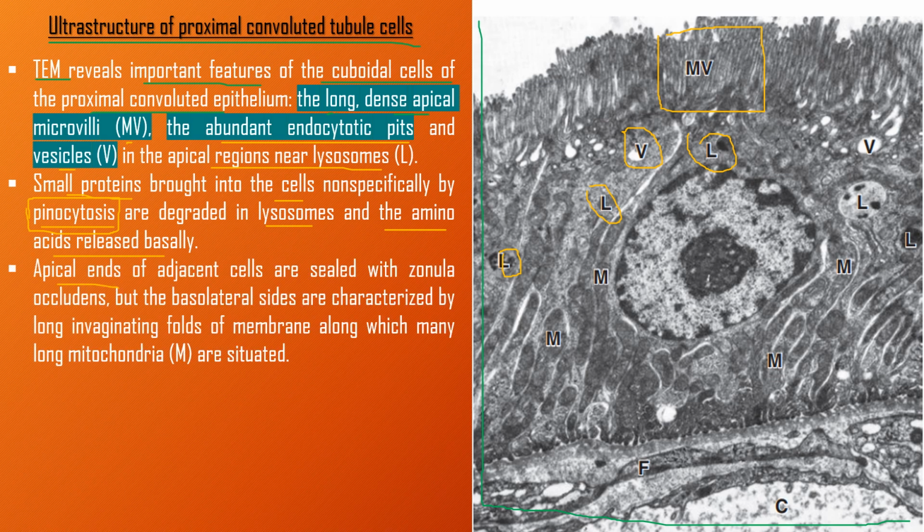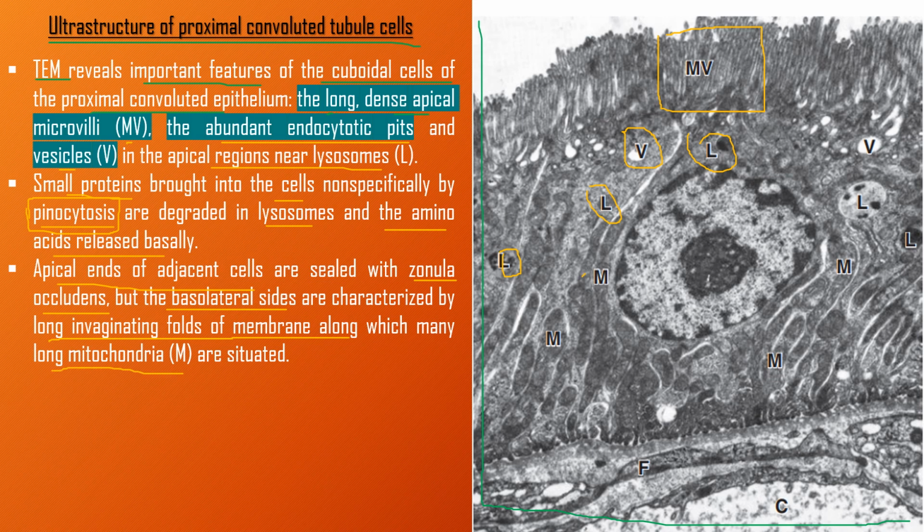The apical ends of adjacent cells are filled with the zonula occludens, but the basolateral sides are characterized by long invaginating folds of membrane along which many long mitochondria are situated.